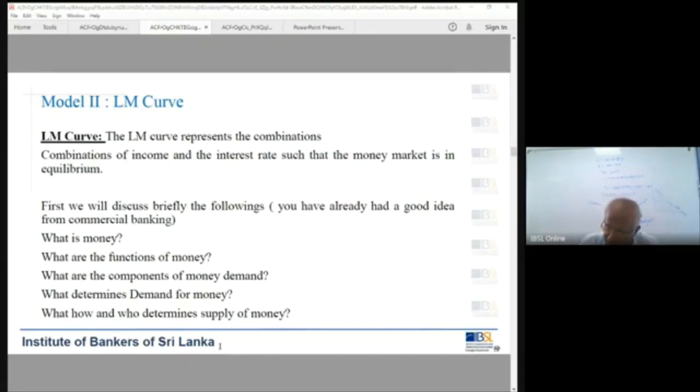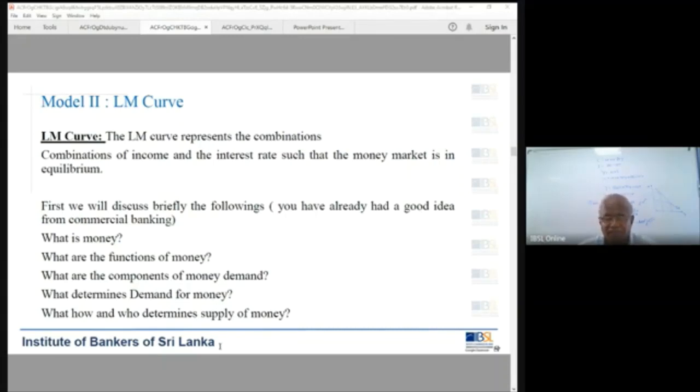When the overall interest rate increases, deposits and lending both increase, and you don't want to keep money with you, you go and deposit. At the household level, there's a negative relationship between interest rate and demand for money. Then you might ask what type of demand, transaction or speculative, does not depend on the interest rate.